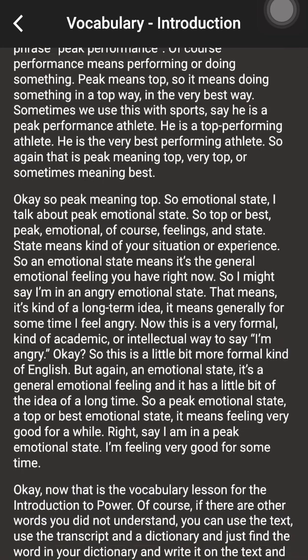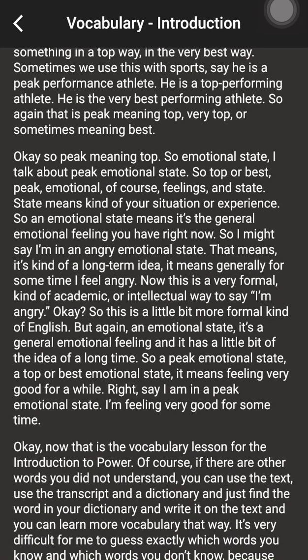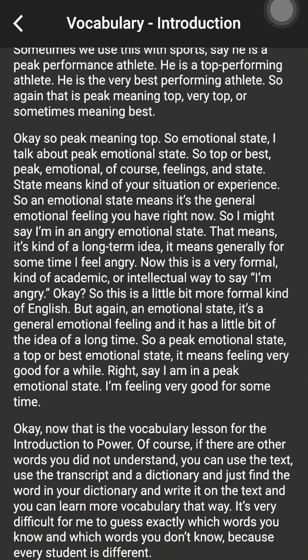Okay, so peak emotional state means top emotional state. I talk about peak emotional state. So top or best, peak, emotional, of course, feelings, and state. State means kind of just situation or experience. So an emotional state is the general emotional feeling you have right now.